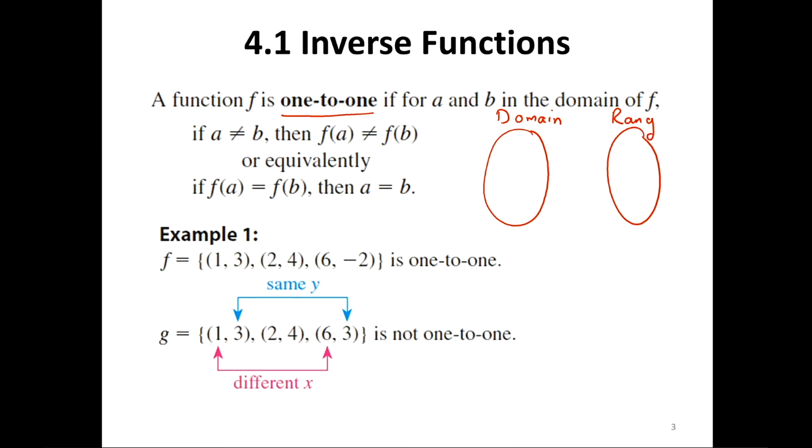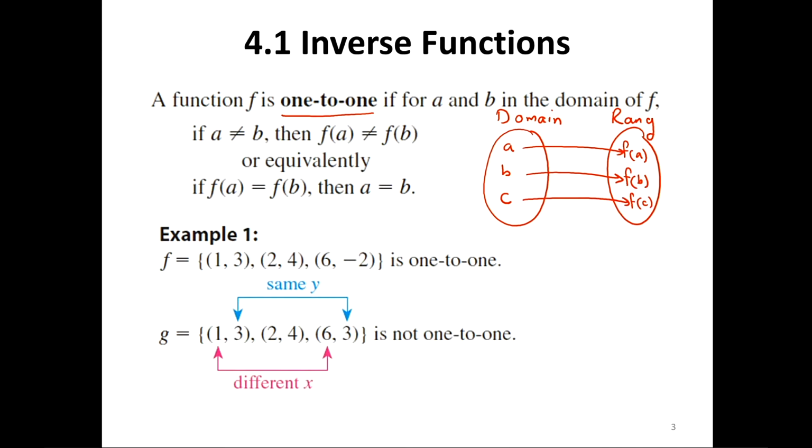One-to-one function means any point in the domain, a or b or c, has an image in the range, but different from another point or another value in the domain.